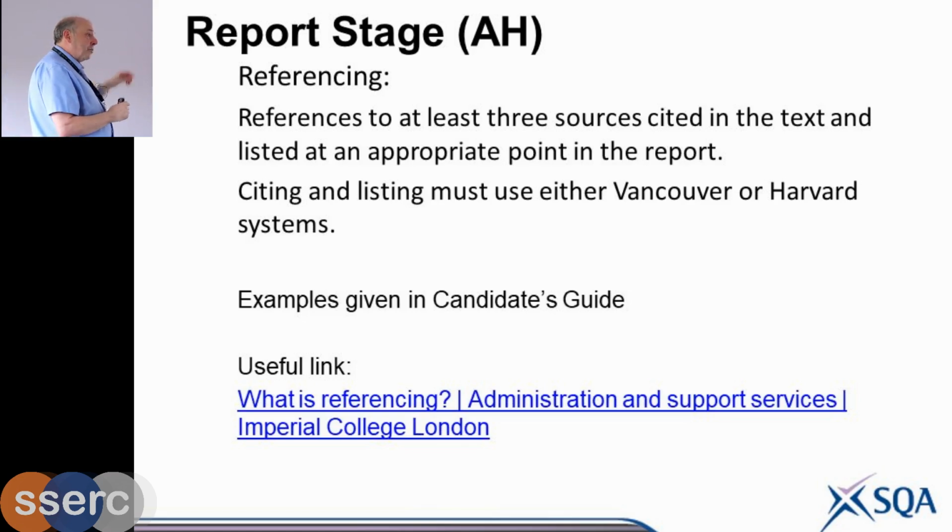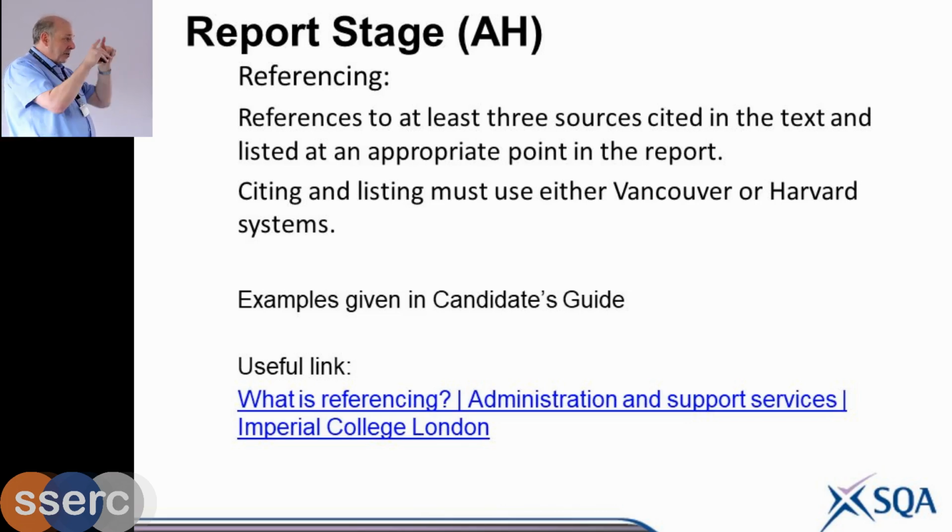But at Advanced Higher, we want a formal referencing system, and the 2 that we say they can use are Vancouver and Harvard. There are examples in the candidate's guide of how to do them. My recommendation is tell them to use Vancouver. It's far easier.